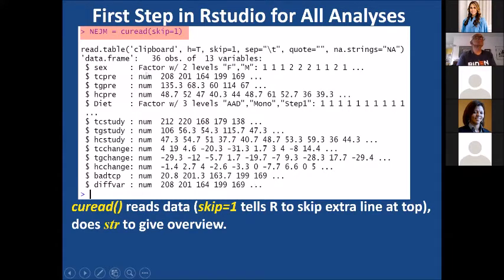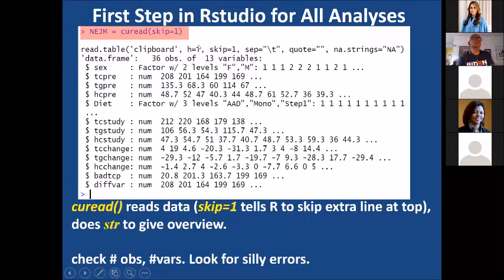What our function does is it reads the data from the clipboard, and it will look slightly different on a Mac because Mac syntax is different for reading from the clipboard. And then this is the useful part. It lists all the variables it read and how many it read.